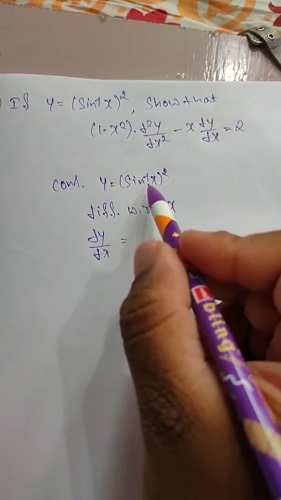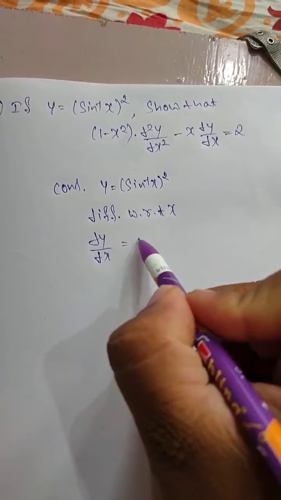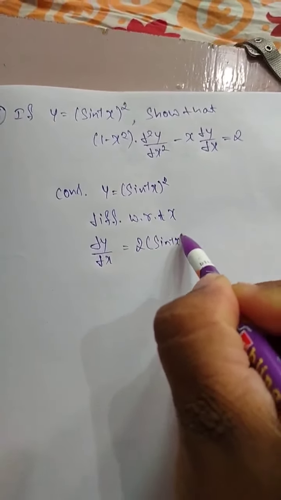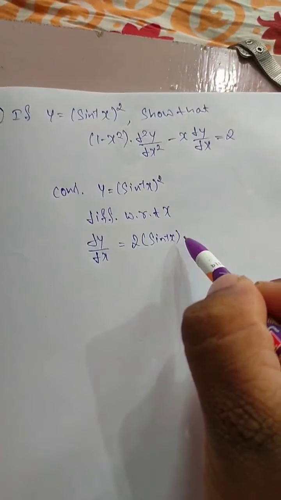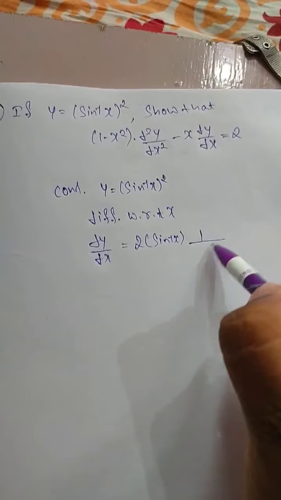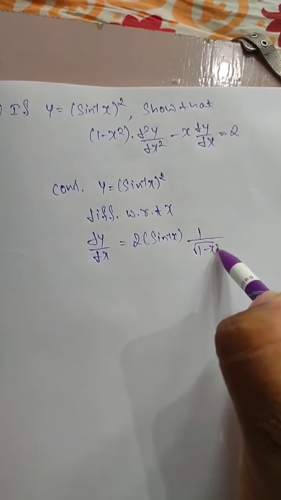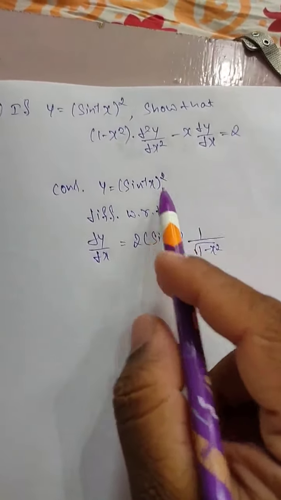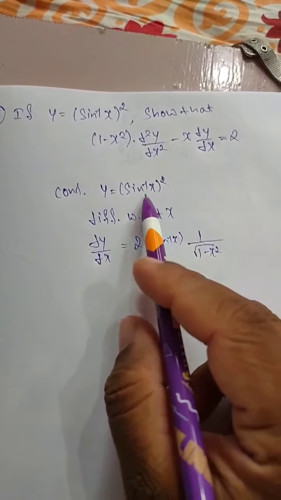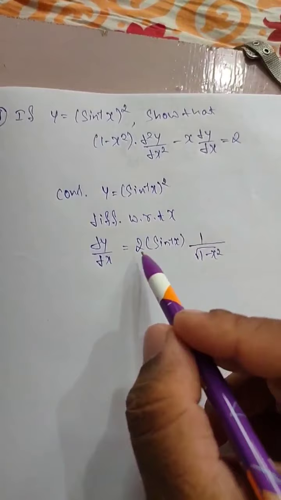The differentiation of (sin inverse x) whole square is 2 sin inverse x, and again the differentiation of sin inverse x is 1 by root of 1 minus x square. This is chain rule differentiation: first you differentiate the power and then you go for the base.